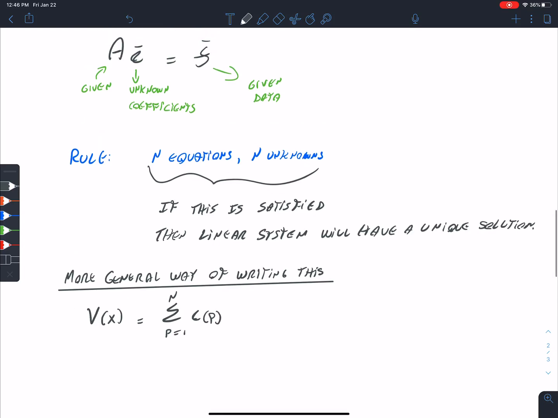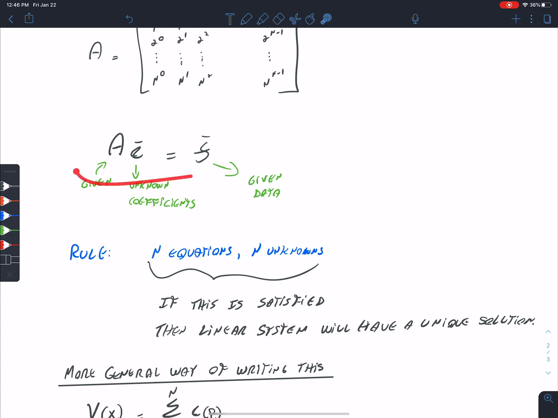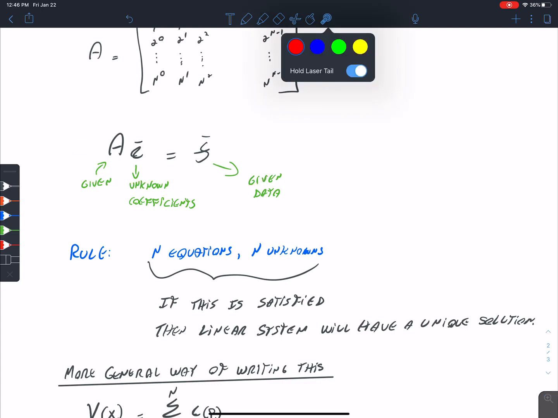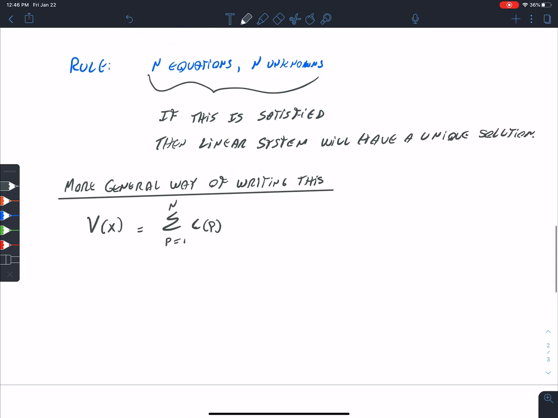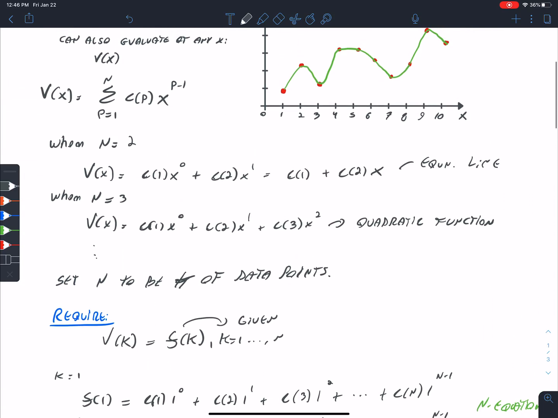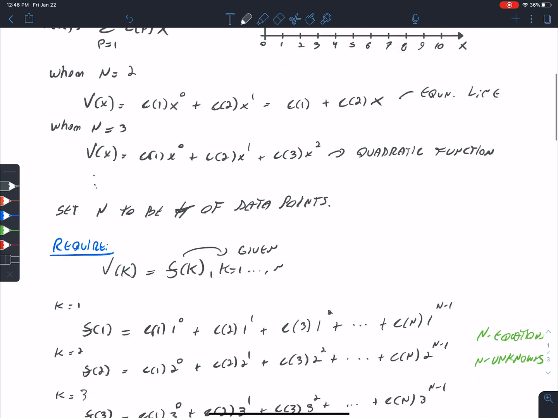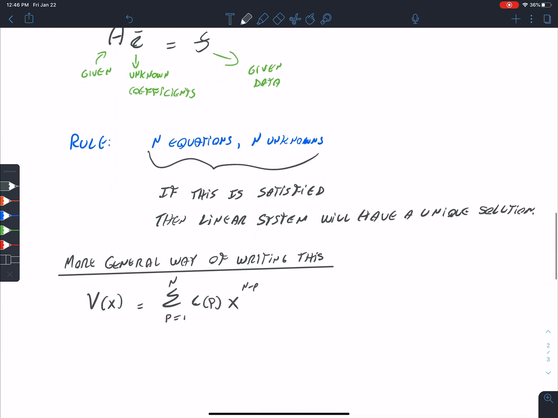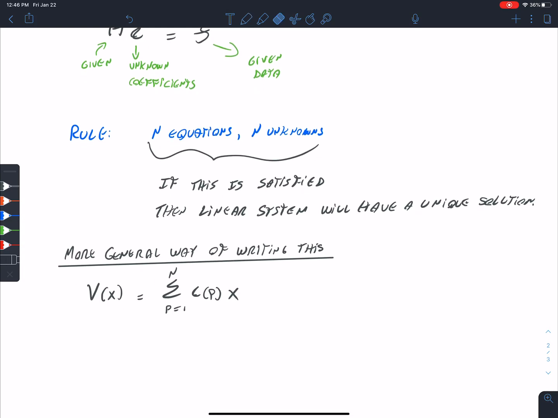How do we find these coefficients? We solve this linear system using Gaussian elimination or some other method, times our polynomial here. My apologies, I think we wrote something different here, so I'll keep the same as before. The order is inverted, so it should be x to the p minus 1.